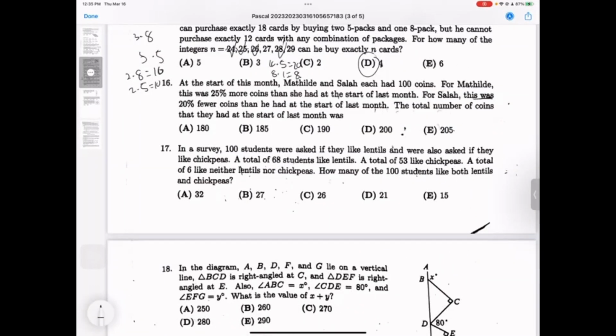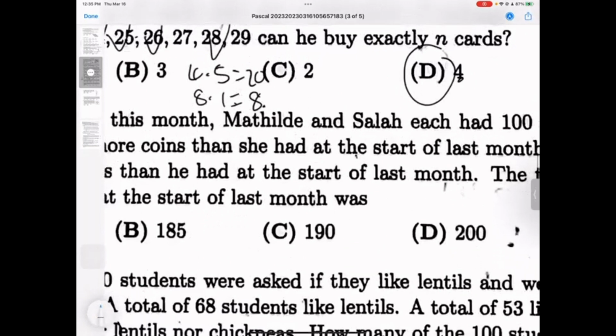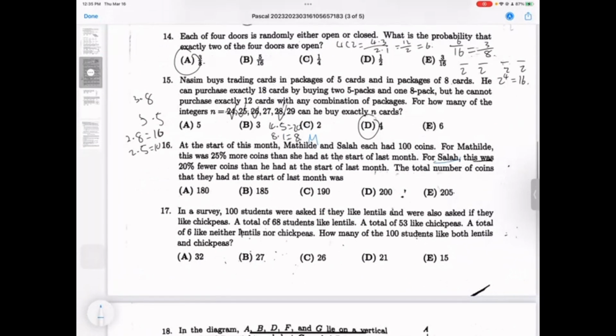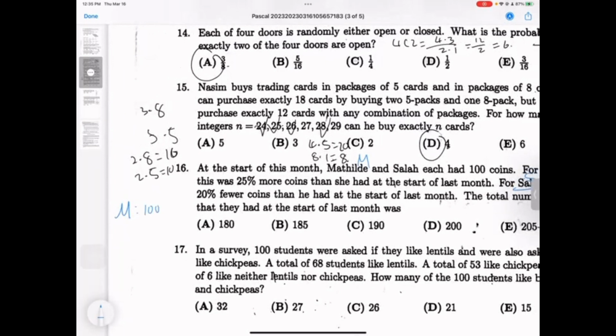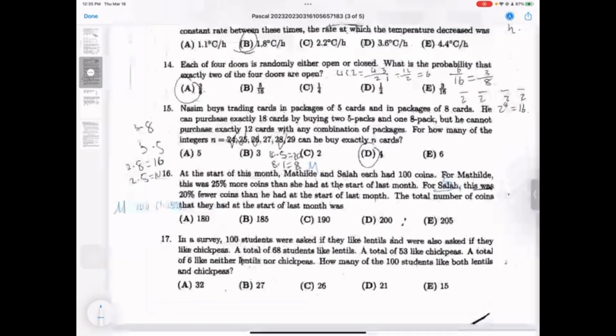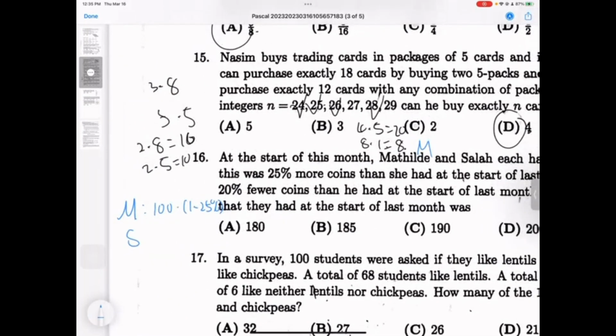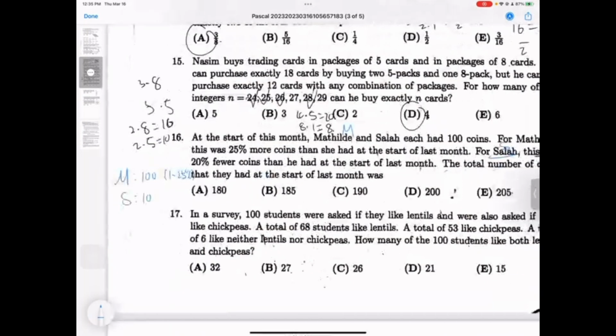16. So let this person be M, and this person be S, and we know that the amount of money that M got last month was 100 multiplied by 1 minus 25%, and the amount of money that S got was 100 times 1 plus 20%.